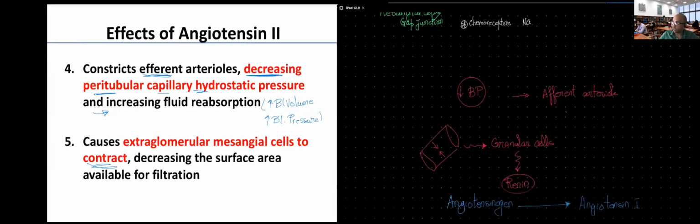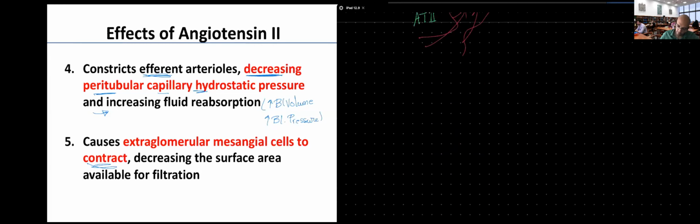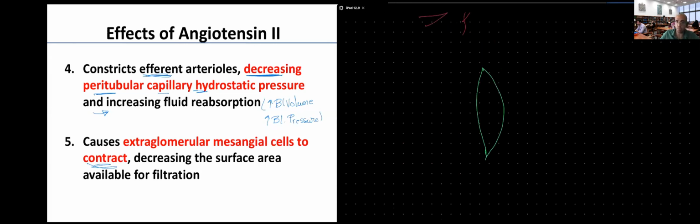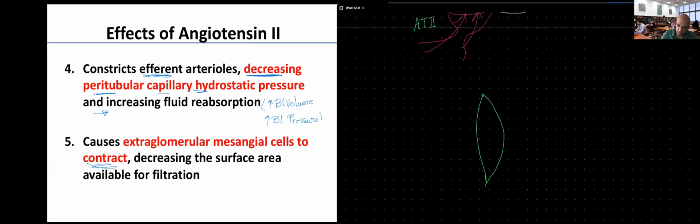And the contraction, try to think of it this way. So let's say this is my extraglomerular mesangial cell. This is a very simplified way of thinking of it. This is my glomerulus. And this is my Bowman's capsule.